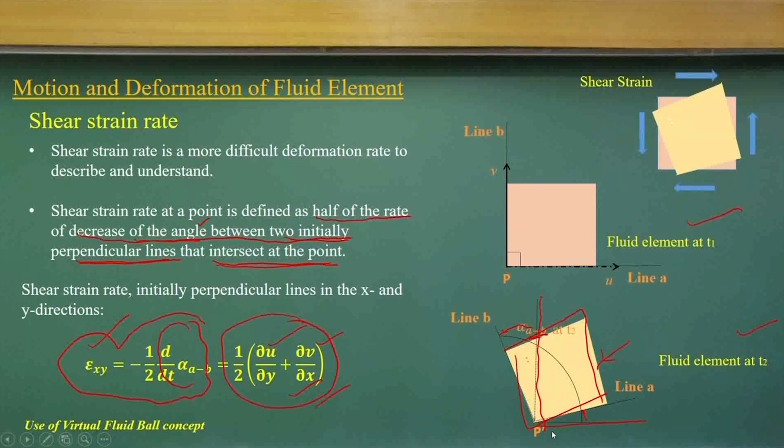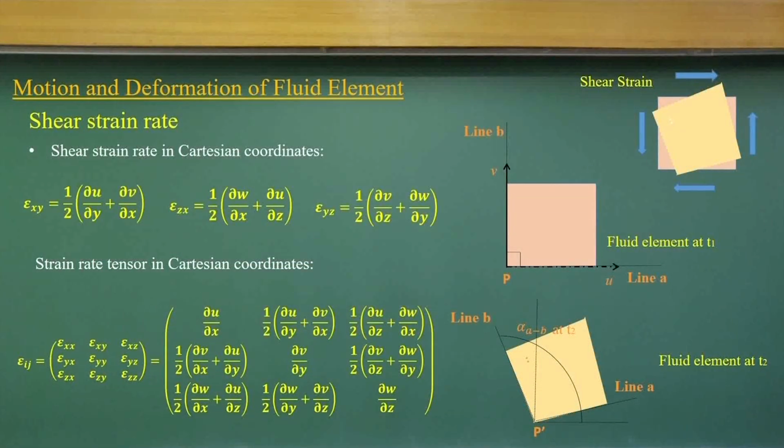So, as of now, we can get the shear strain rate in Cartesian coordinates for the different planes, the xy plane, the zx plane and the yz plane, and finally we can write the strain rate tensor, which combines the linear strain and shear strain rates. It has 9 components. So you can find the strain rate tensor, which has 9 components.